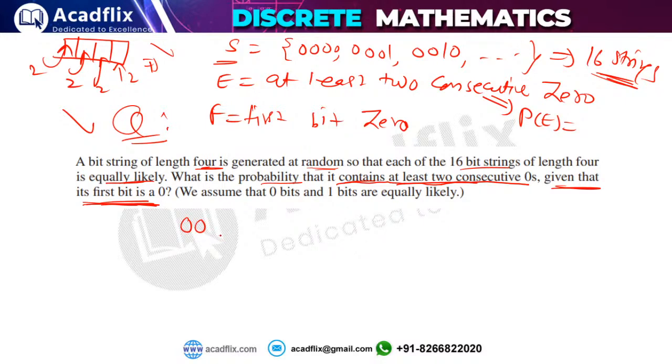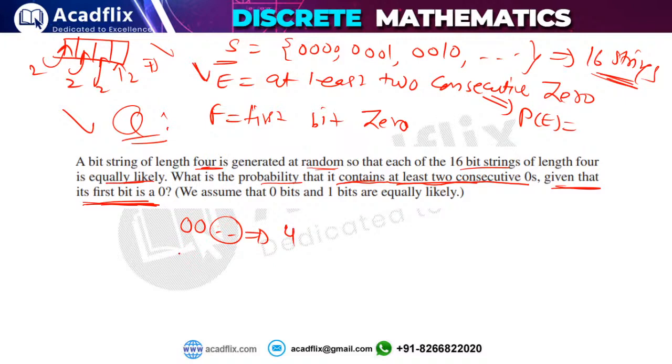Okay. So you want at least 2 consecutive zeros. For example, maybe the first 2 things are 0. Now you can have anything. So basically I am counting how many elements are in this set E. So you can see here you can put anything because you have at least 2 consecutive 0. So such cases are 4.